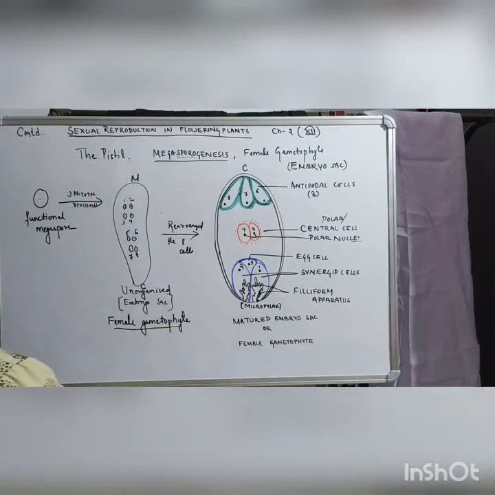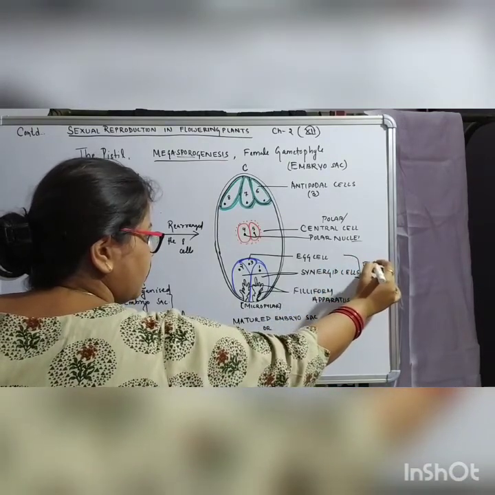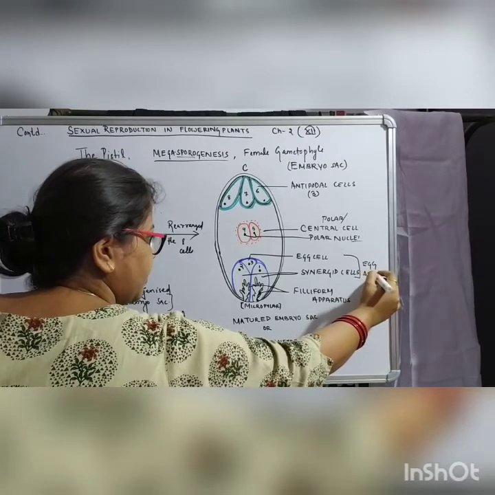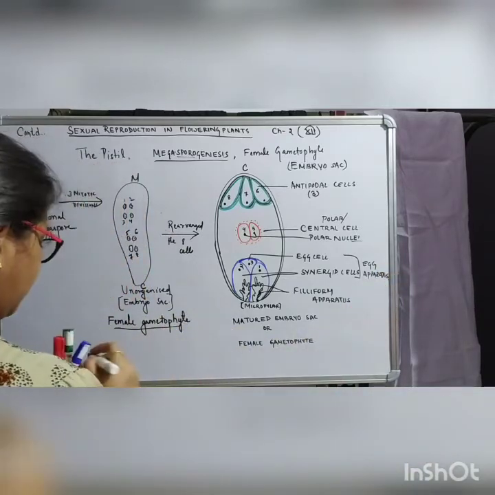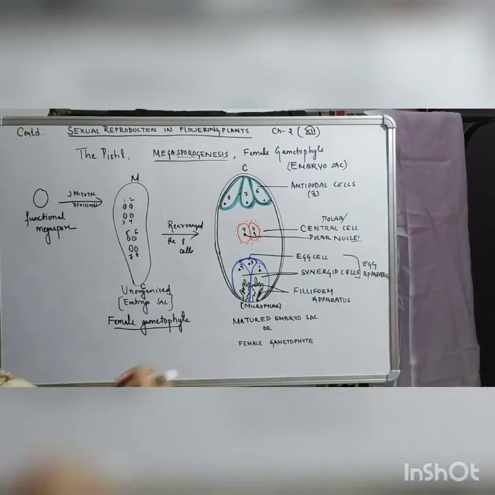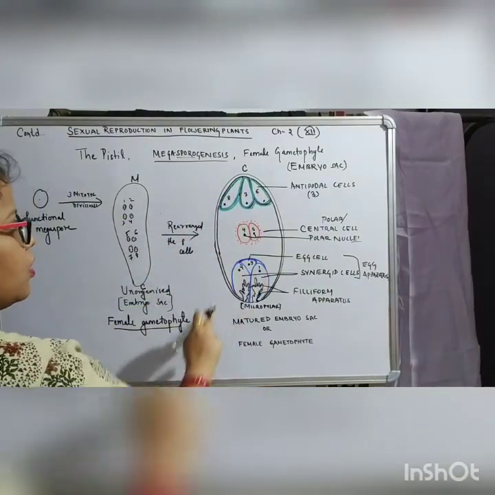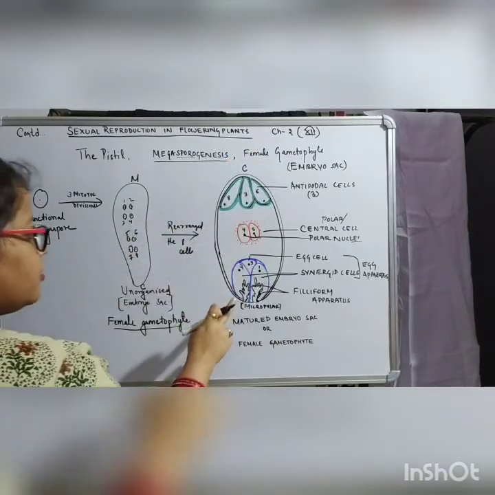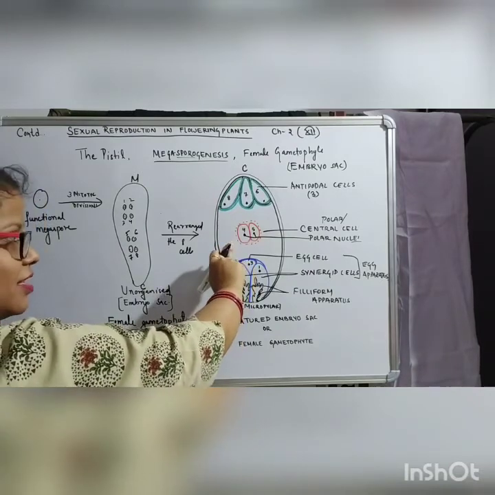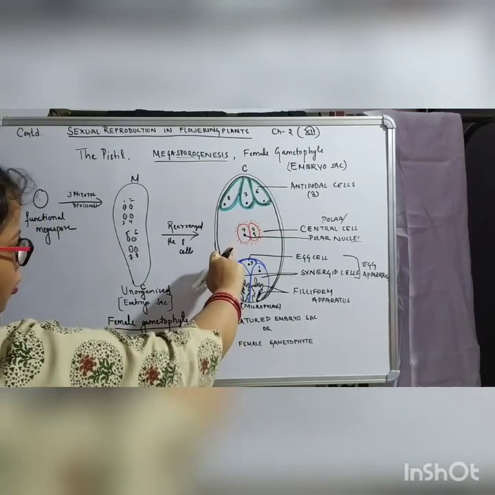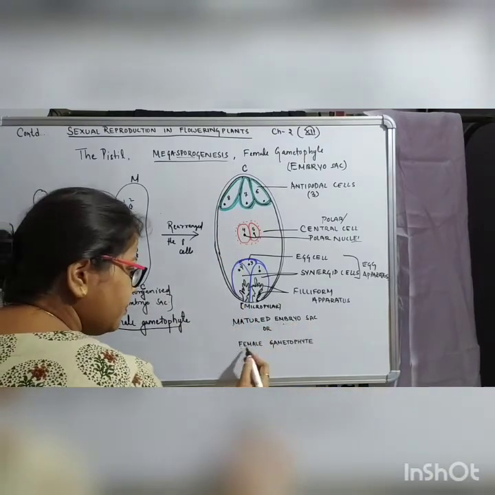And all these things would be accounting for egg apparatus. So these 8 cells have been arranged in this manner, 3 towards the chalazal and 3 towards the micropylar end and 2 at the center. This arrangement is called matured embryo sac or female gametophyte.